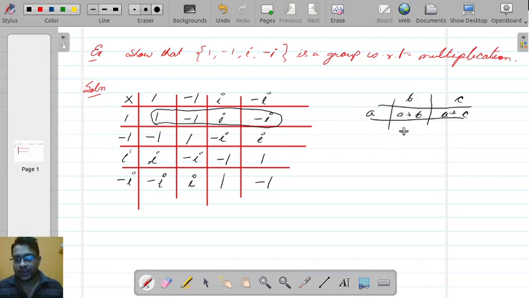Why can there not be a repetition? If A star B equals A star C, then by the cancellation law, which we did in the last class, B equals C. That means whenever B and C are unequal, A star B and A star C can never be equal.